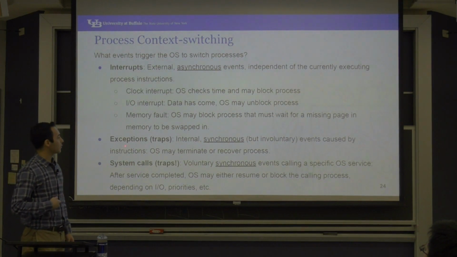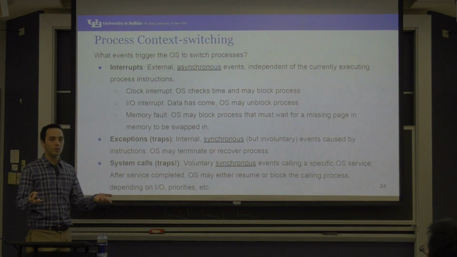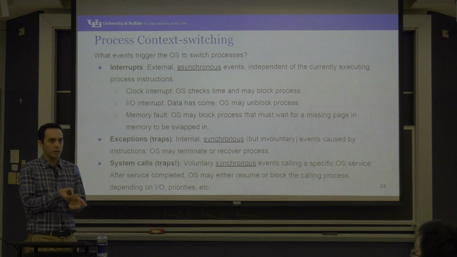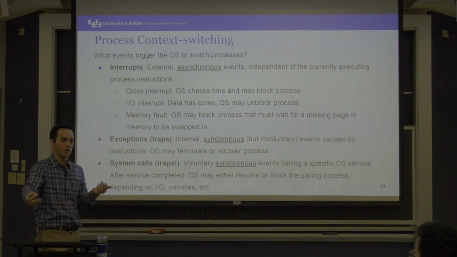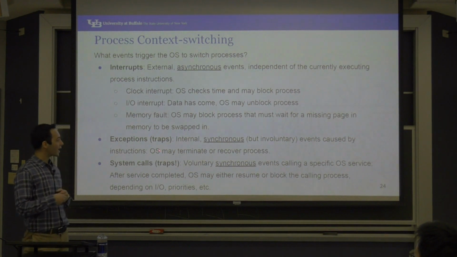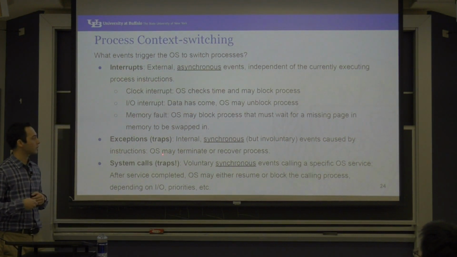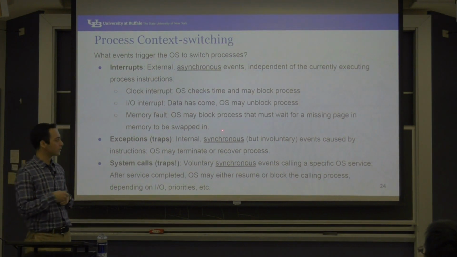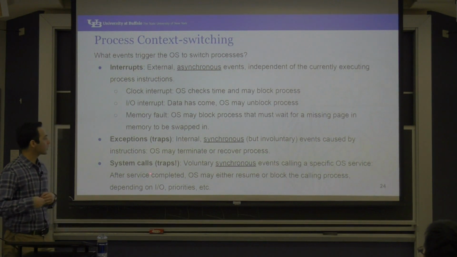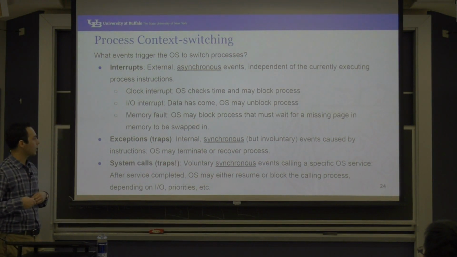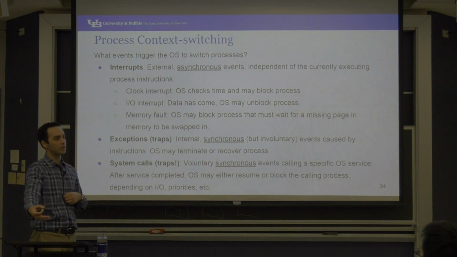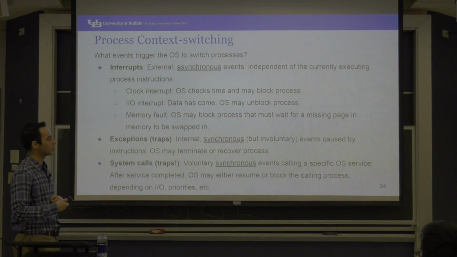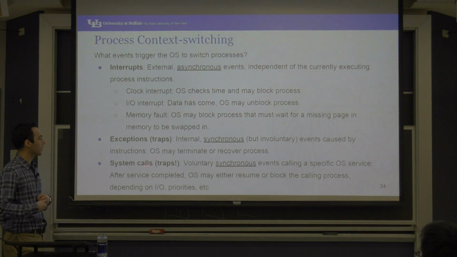The synchronous events are, for example, exceptions. If you divide two numbers, the process is responsible for running that division, but it might trap because it might be a division by 0. Now you can catch it, or if you don't, the OS will terminate it. The exceptions are involuntary because you're not expecting the division by 0, but you are doing it, so you can catch them.